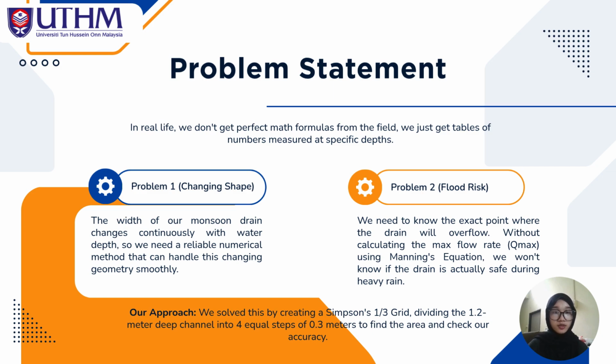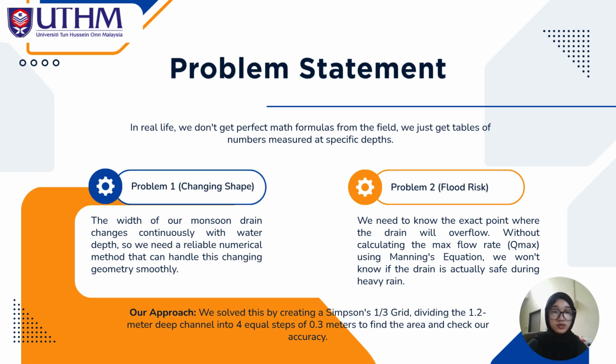Second, to prevent flooding in the surrounding neighborhood, we have to know the exact point where the drain will overflow. Without linking the physical size of the drain to Manning's equation to find the maximum discharge rate, we won't know if the structure is actually safe during extreme weather.